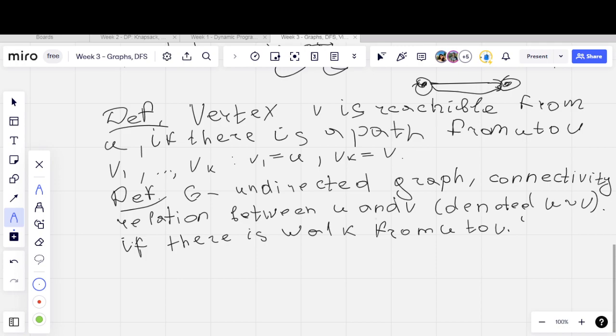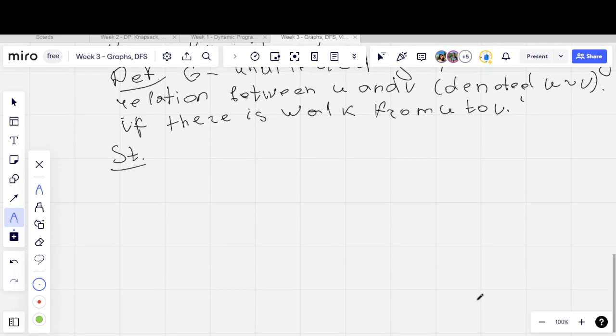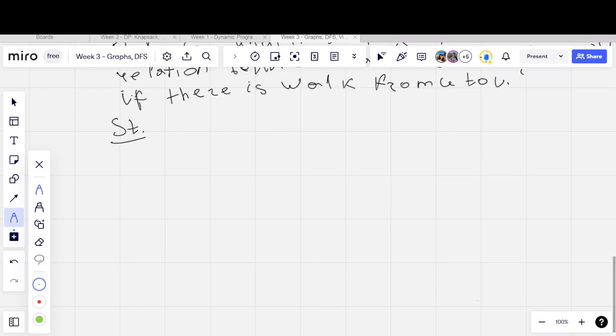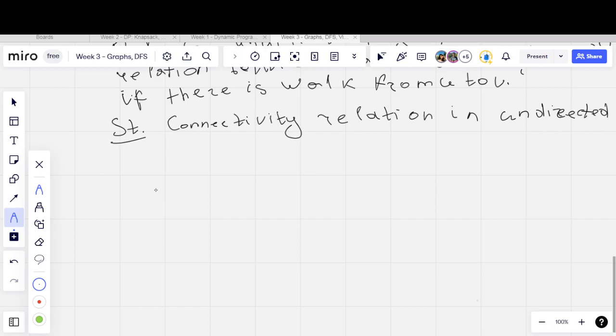So the statement: the connectivity relation in an undirected graph is an equivalence relation.